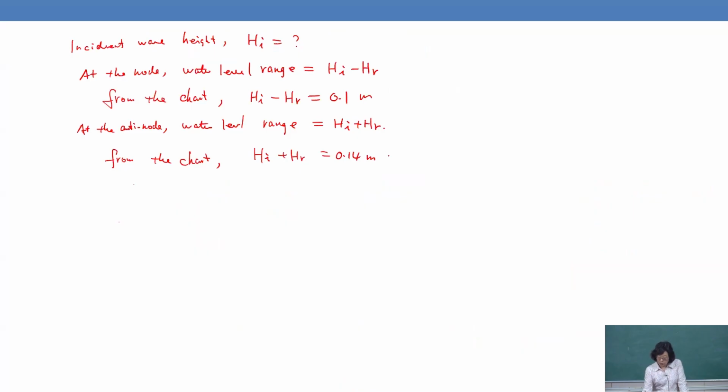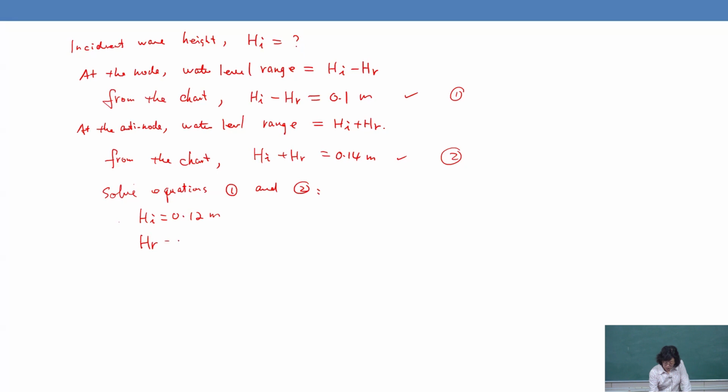Then by solving these two equations, which is just a simultaneous equation with two unknowns, we will have HI equal to 0.12 meter, and HR will be 0.02 meters.